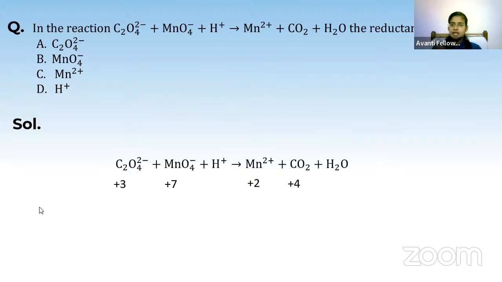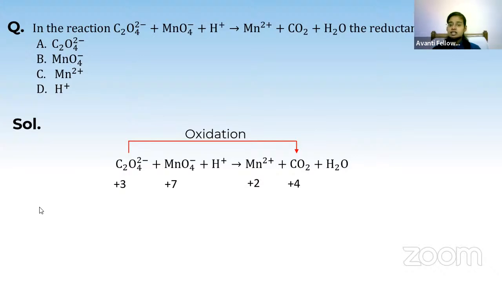It is moving from +3 to +4, right? Increase in the oxidation state. Is it called oxidation or reduction? Did I ask you any difficult question? Yeah, very good. It is oxidation, right? It is oxidation. So carbon is undergoing oxidation.